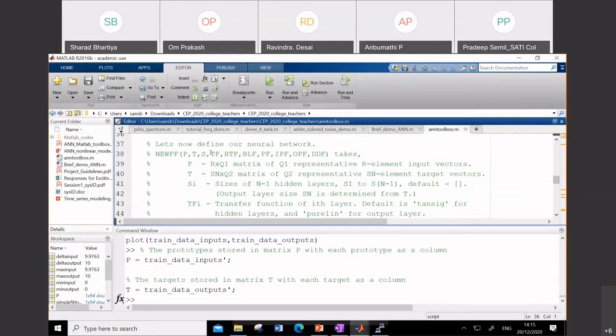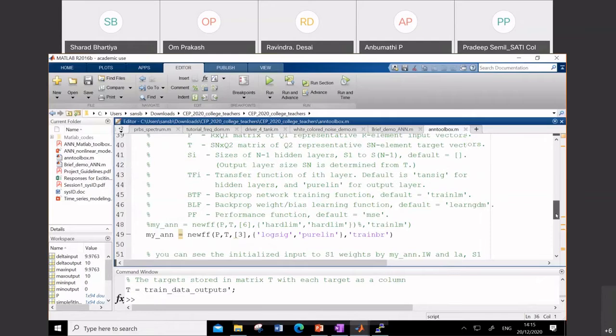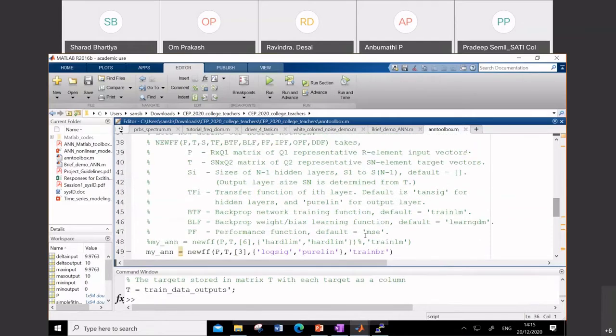TF is the transfer function. For example, if I want to use logsig, the name is logsig in MATLAB. If you want to use tansig, there are many such transfer functions that you have. And then BTF is what type of training function you want to call.